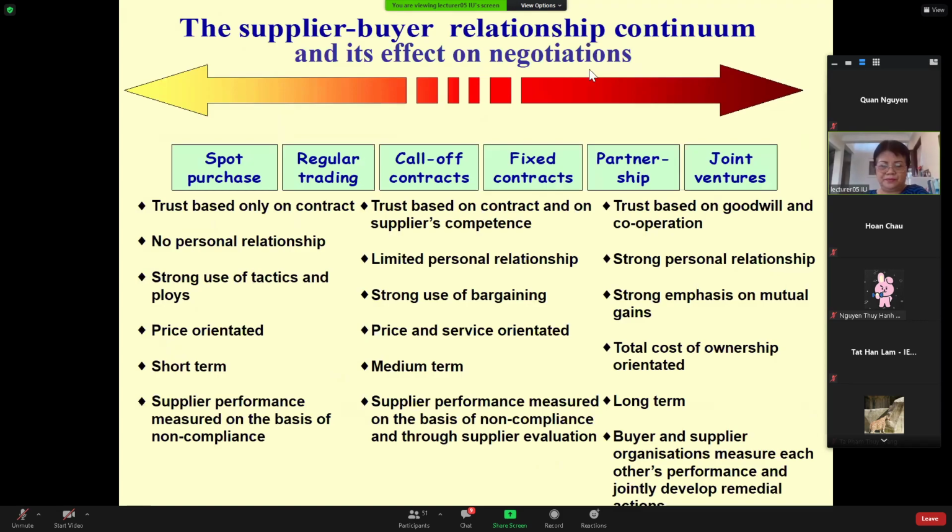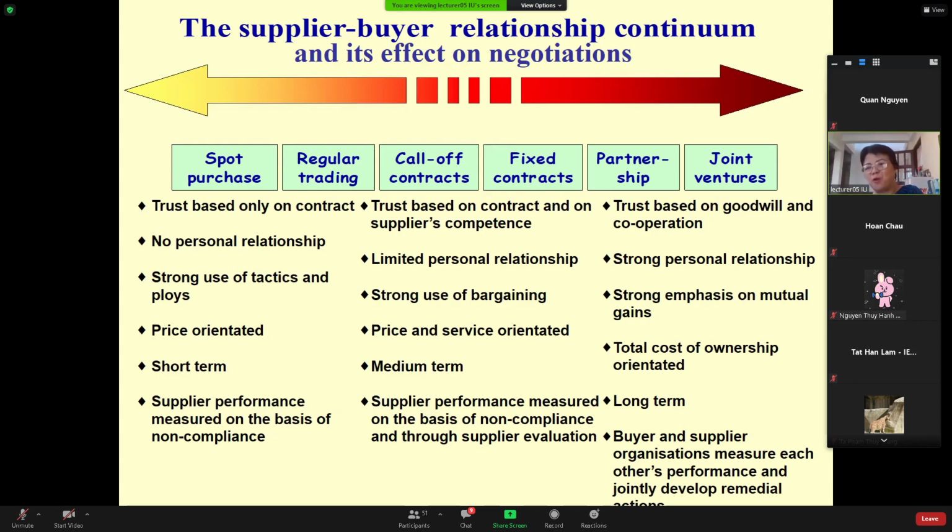Now, I told you that for each supplier in the supply model, you have a different strategy. This shows you a little bit how it differs from the spot purchase up to the joint venture. Why spot purchase and why joint venture? For spot purchase, you do a spot buy.